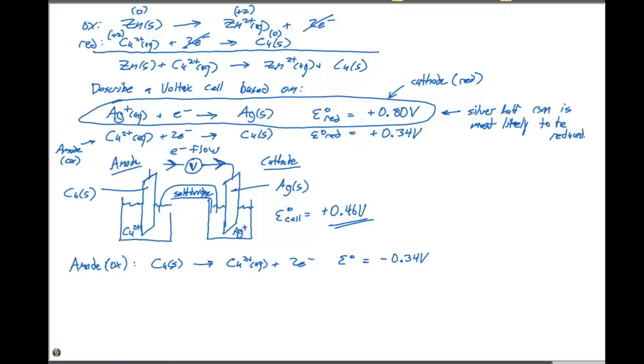If we have a cathode half reaction, which is the reduction, the species being reduced is the silver plus ions in aqueous solution plus an electron, giving us silver solid. The cell potential for this particular reaction is actually the reduction potential, which is positive 0.80 volts.